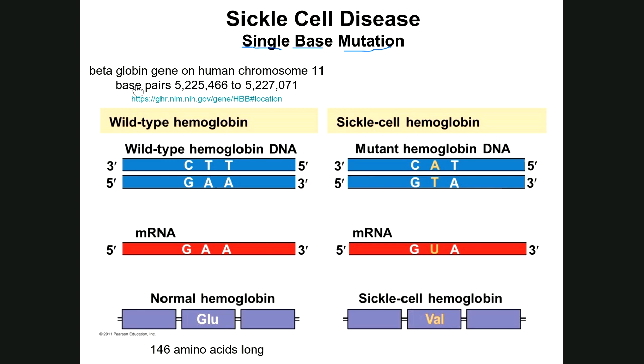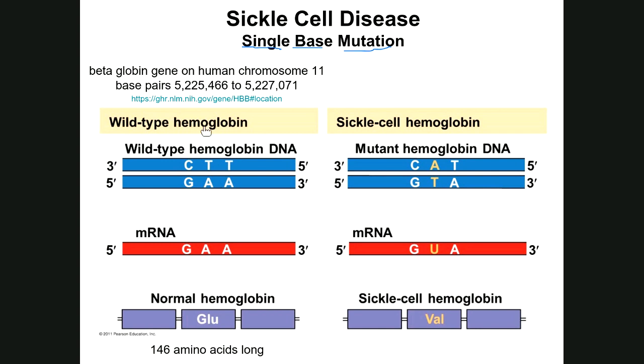Very large gene. However, there are certain stretches of the genetic information that codes for the polypeptide that, if they undergo a mutation, can lead to adverse problems with the polypeptide that is synthesized, and this is what I'm going to go into.